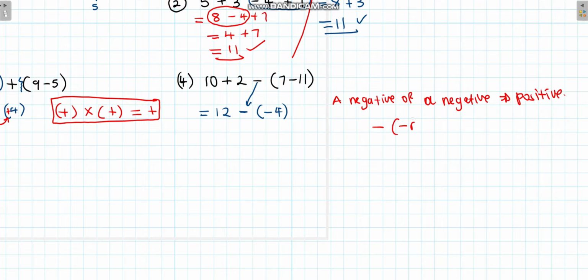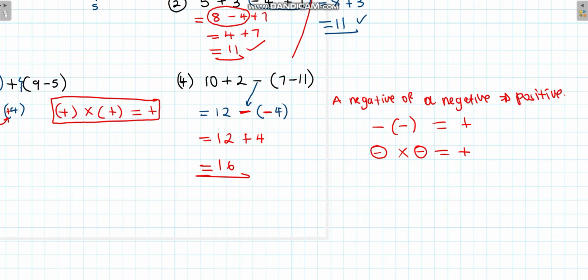A negative of a negative is also a positive. So we can say negative times negative will give us positive. So now let's check. This negative times that negative, what will be the answer? Positive. So I'll now have 12 plus 4. So subtracting a negative is the same as adding. So our answer becomes 12 plus 4, which is 16.